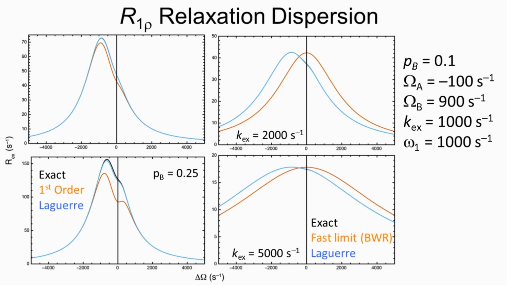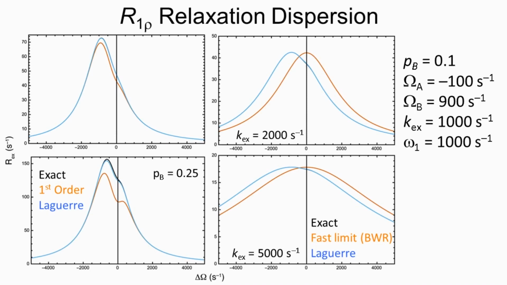So when the site populations are 0.1, you can see the different approximations agree quite well with the exact numerical calculation. But when the site population increases to 0.25, the first order approximation starts to deviate from the exact numerical calculation. Again, the eigenvalues are starting to approach each other, and the first order approximation isn't as good.